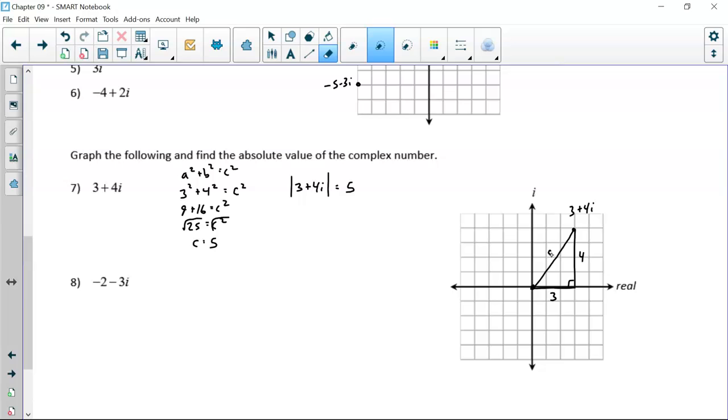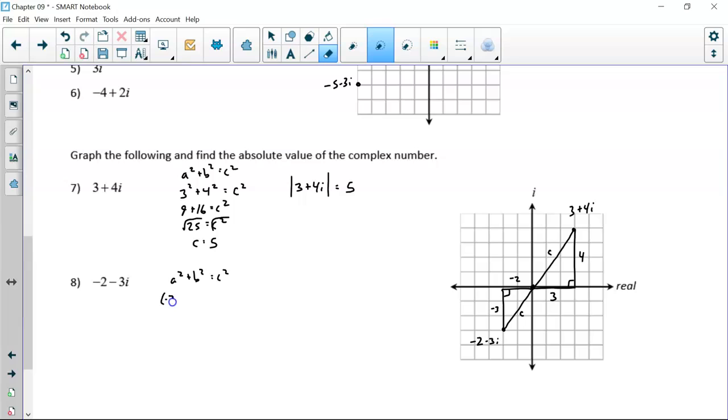Now for negative 2 minus 3i, we're going to go back 2 in the real and down 3 in the imaginary. So once again, draw a horizontal and a vertical to make a triangle. We're going back 2, negative 2, and we're going down 3. That's a negative 3. And we're finding the hypotenuse. That's the distance. a squared plus b squared equals c squared.